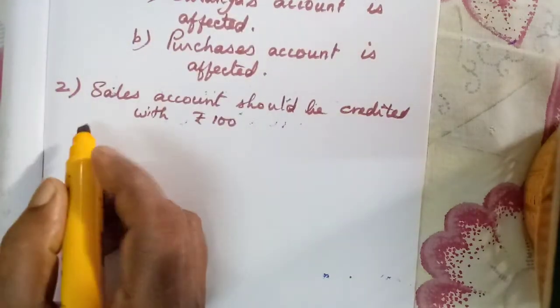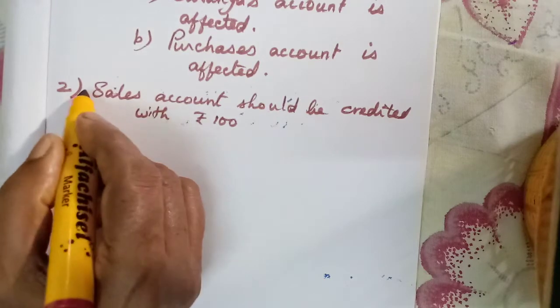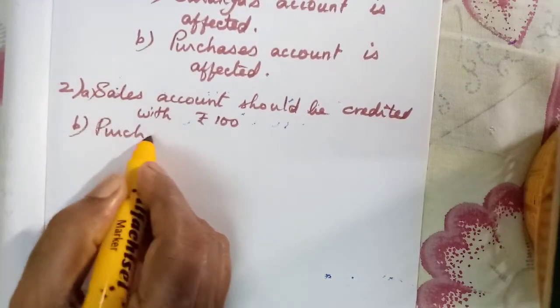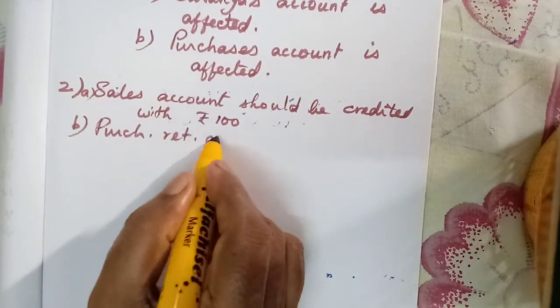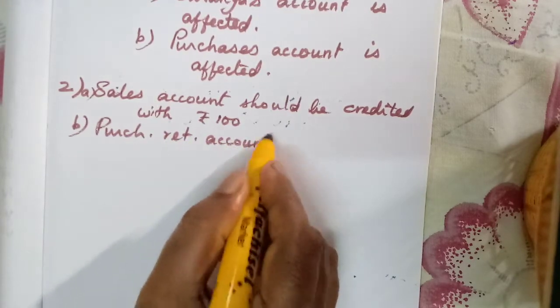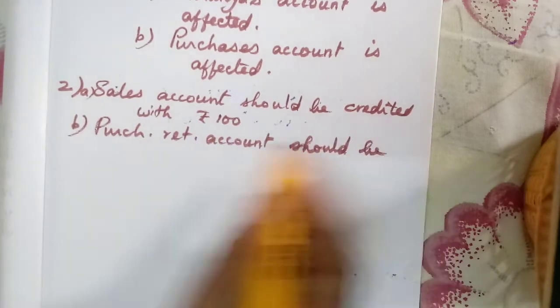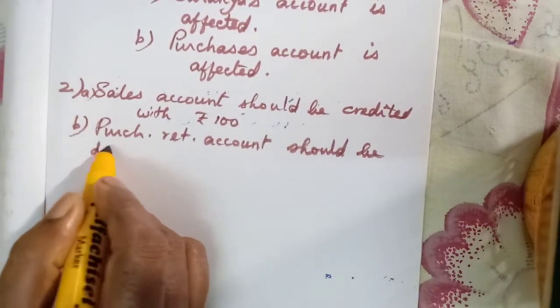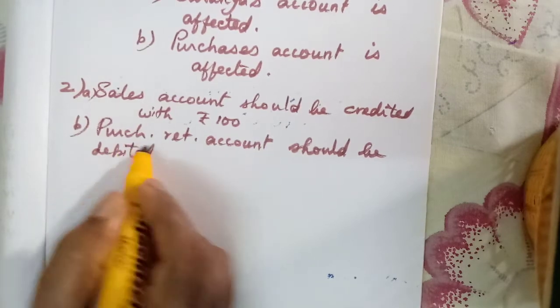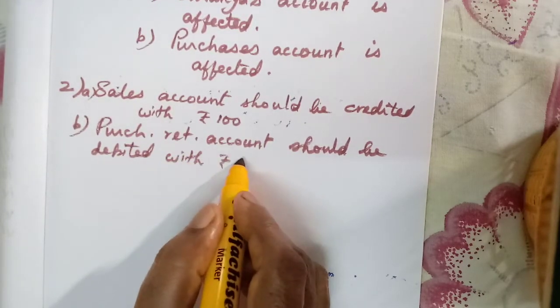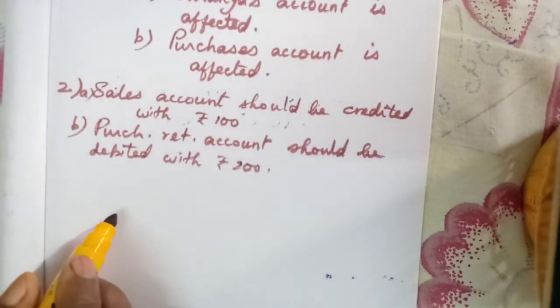This is A, this one B. Purchase returns account should be debited with rupees 200. Okay.